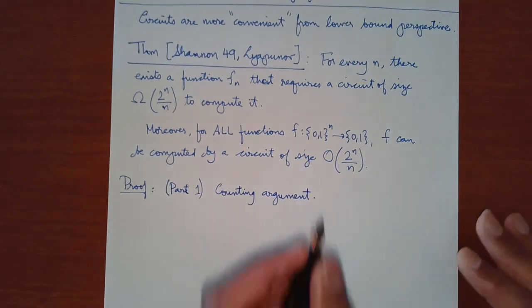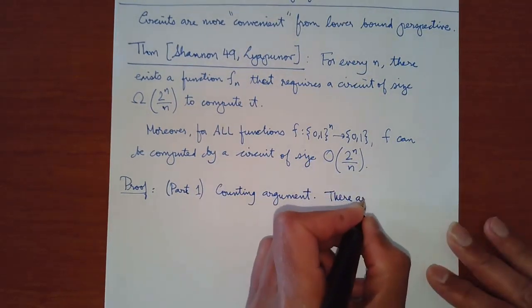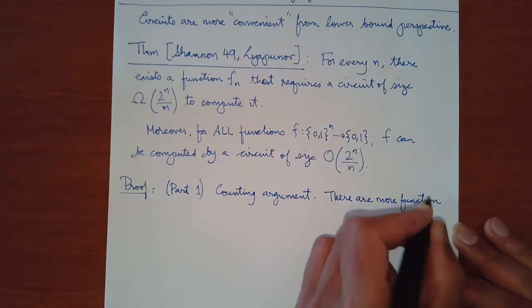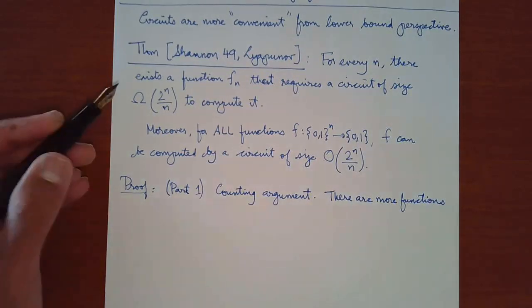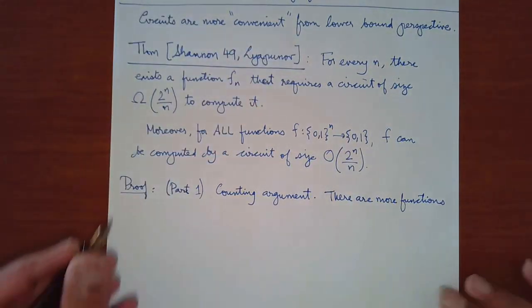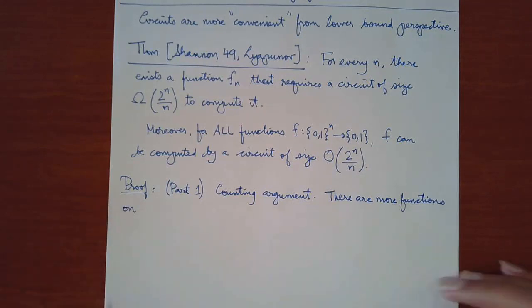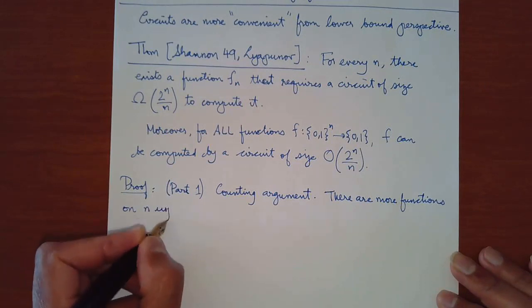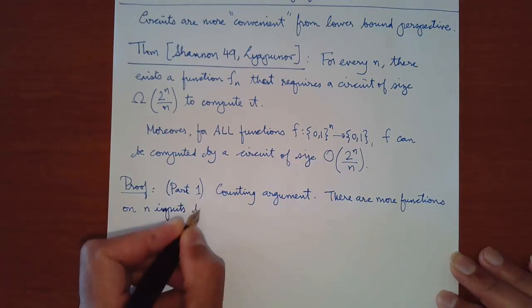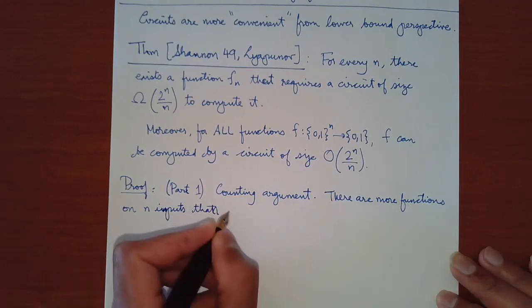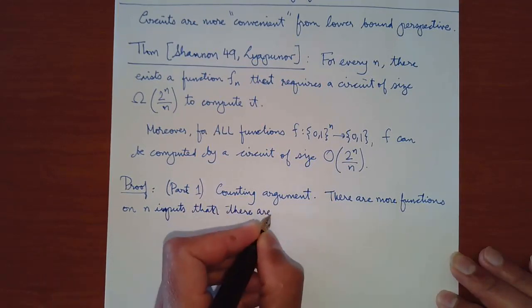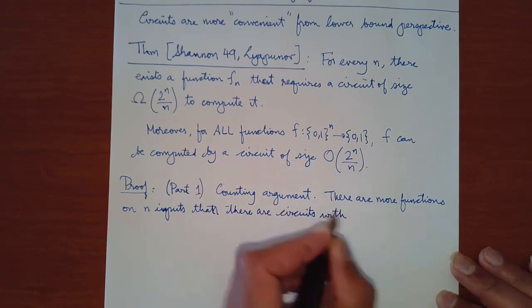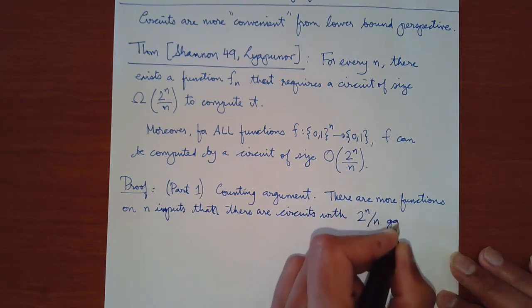And the counting argument simply says there are more functions on n inputs than there are circuits with 2^n divided by 2 gates.